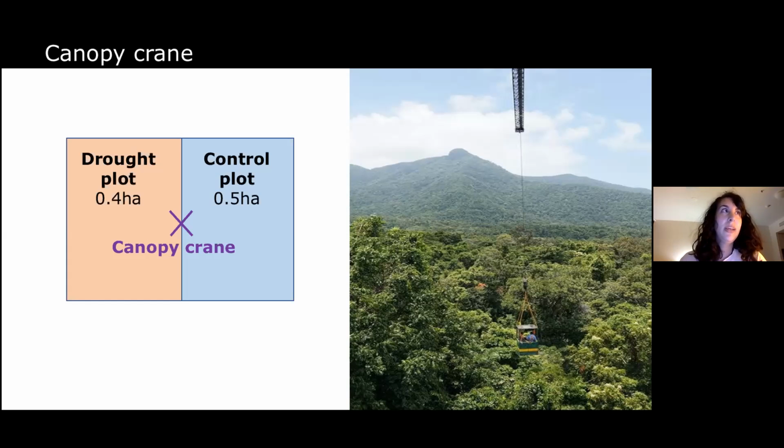We were also expecting different effects of drought on larger trees and on smaller trees, because that's what previous drought experiments have been showing. So I was just curious to see how insects living on the large trees would compare to the insects living on the smaller trees in terms of drought effect.